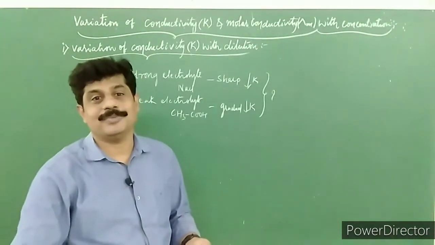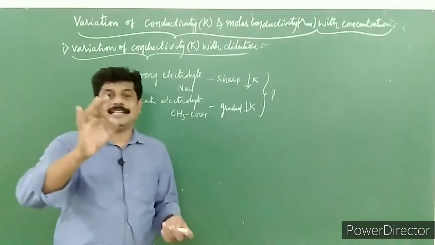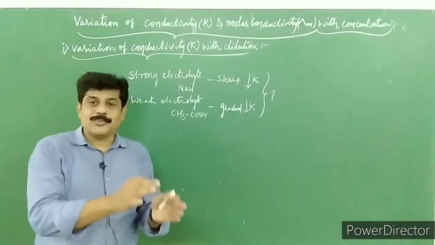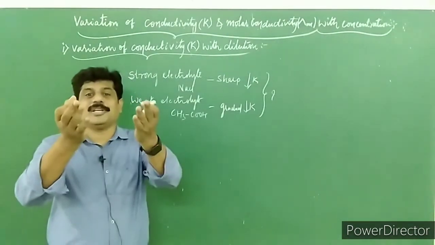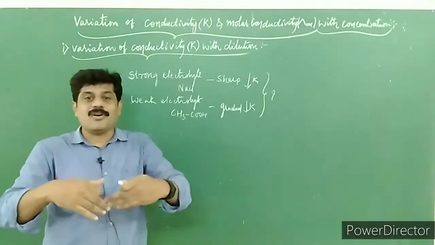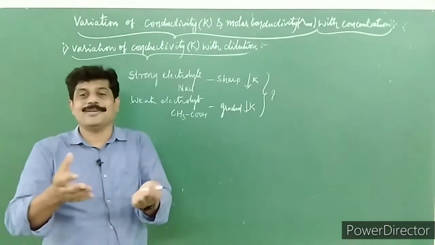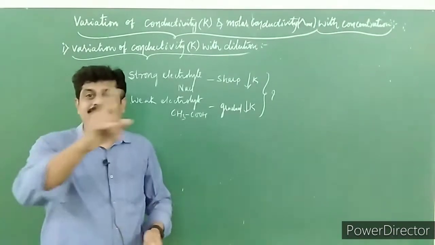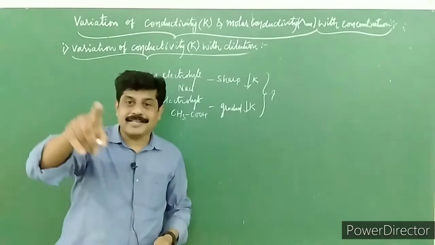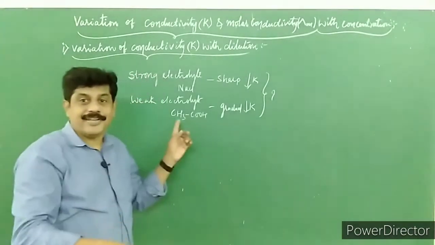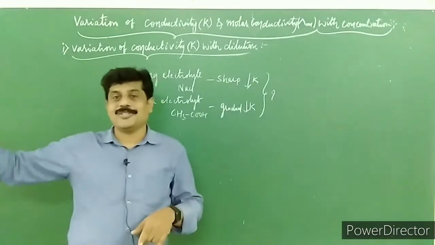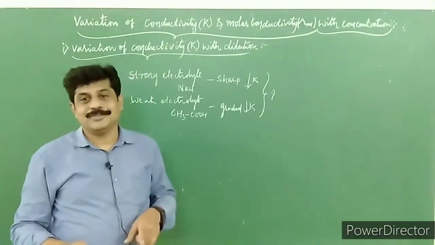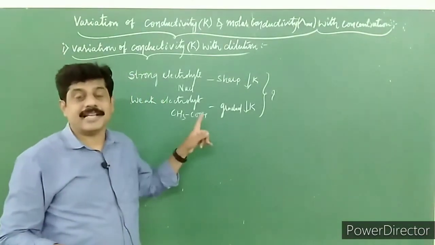That means the decrease in number of ions per unit volume is compensated by the increase in dissociation, and therefore the decrease in conductivity in the case of weak electrolyte is gradual but not sharp as in the case of strong electrolyte. Hope you understand that. Let me go for the second one.